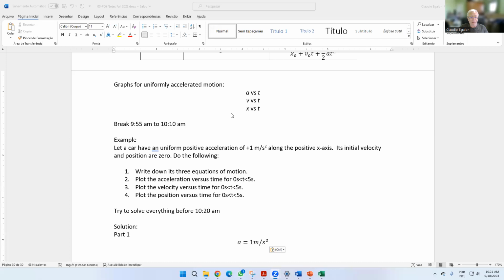Here you go. Now we have it. Part one: write down what you know, in a mathematical way. What you know is the acceleration. You know the initial velocity.